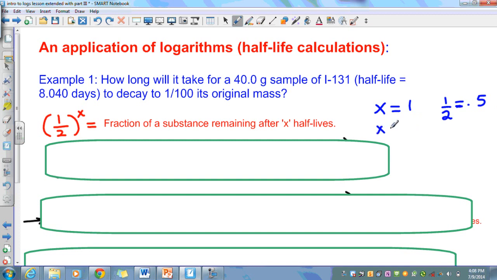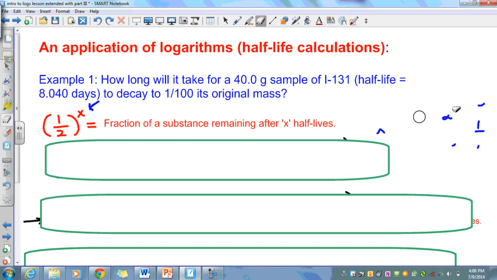If the number of half-lives is 2, it goes to half after 1 half-life, and then half of a half, which is (1/2)^2 based on the formula, or 1/4, or 25% of the original amount. So if you plug the number of half-lives into this formula, it gives you the fraction of that quantity remaining after the given number of half-lives.